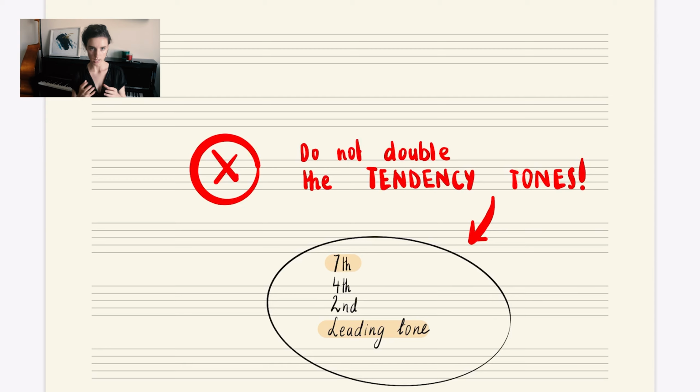The 7th in the 7th chord is a dissonance, and therefore it is a tendency tone, and you should never double a tone like that. Another very important tone that belongs to the group of tendency tones is the leading tone. And you will learn what the leading tone is in the next part of this lesson. And that leading tone is also a tone that should never be doubled. In short, never double a tendency tone.